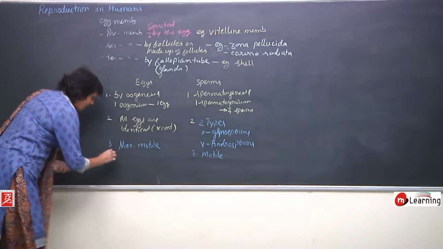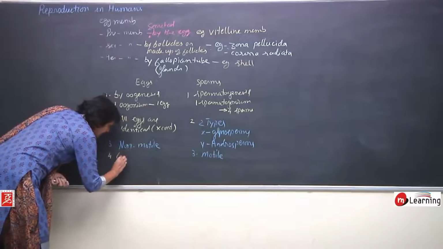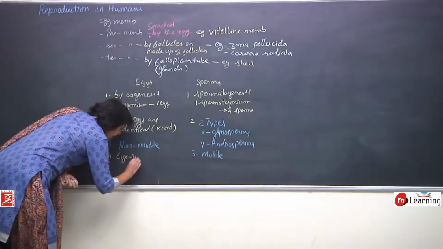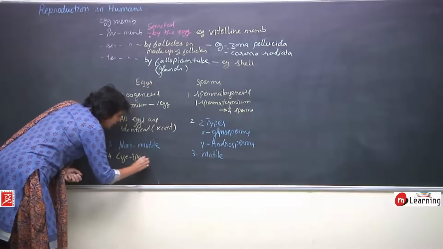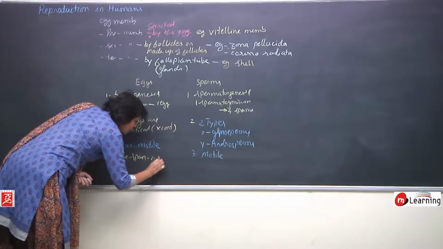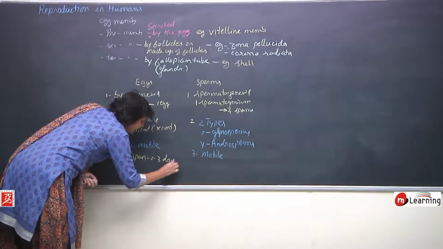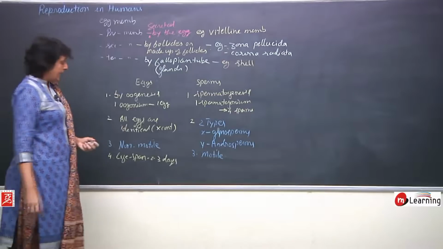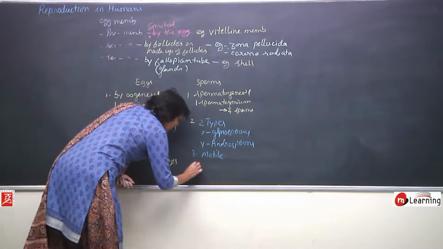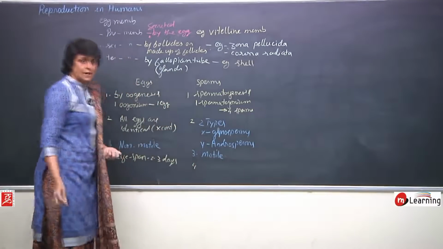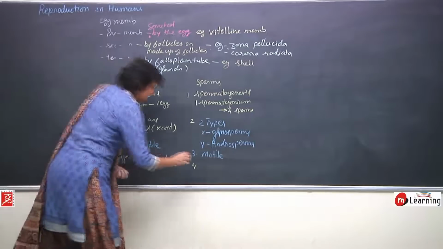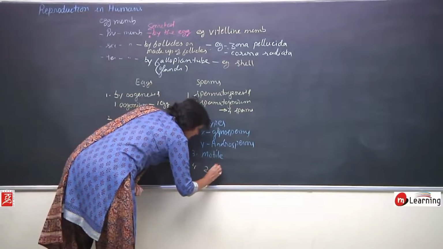So lifespan in case of eggs is about 2 to 3 days. In case of sperms also, it is approximately same, about 2 to 3 days.